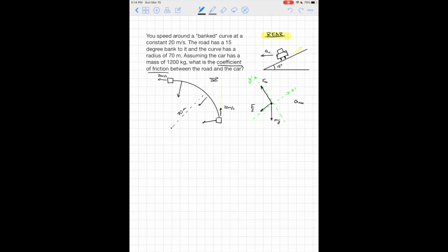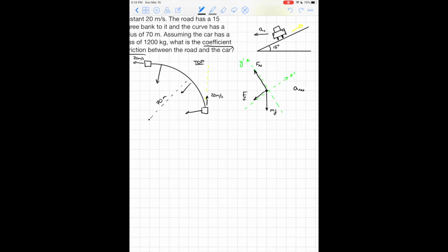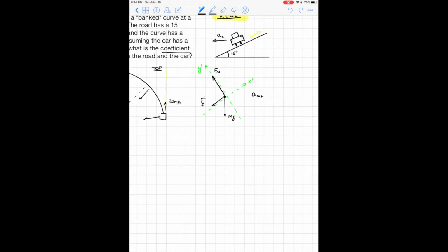So this y prime, x prime coordinate system is really not useful for us. I want my net acceleration to only be in one direction.